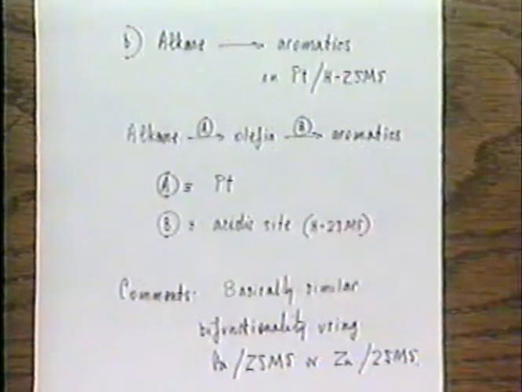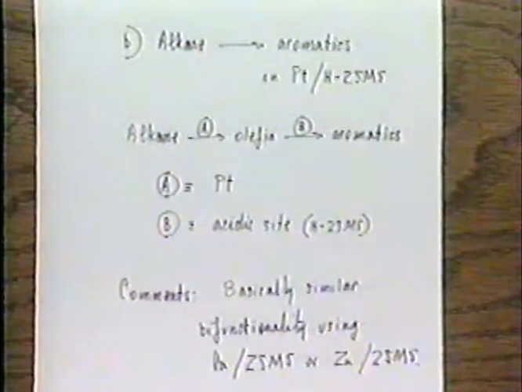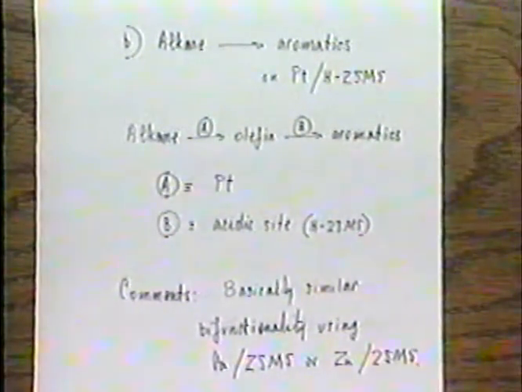And you will recall that the two basic steps which are involved in the conversion of methanol to aromatics are first the conversion of methanol to olefins. And the first olefins you will produce will be C2 and C3 olefins.